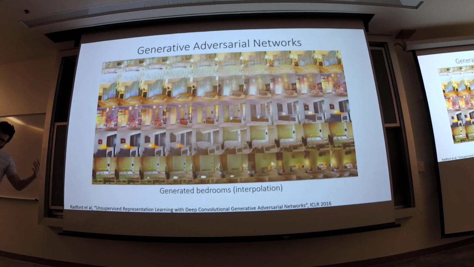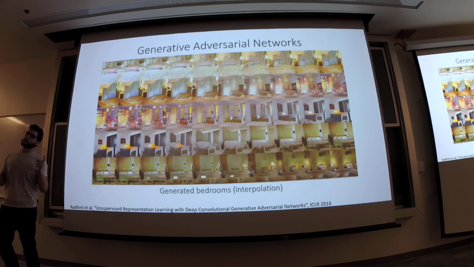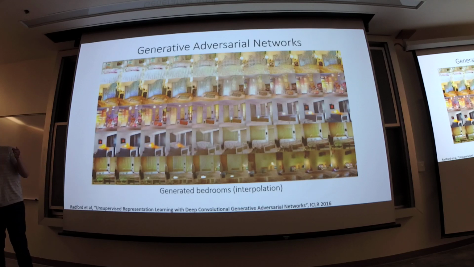GANs are actually a very prolific field of research, and so someone actually did that too. For example, there is BiGAN, where you have a generator, but you also have an encoder.